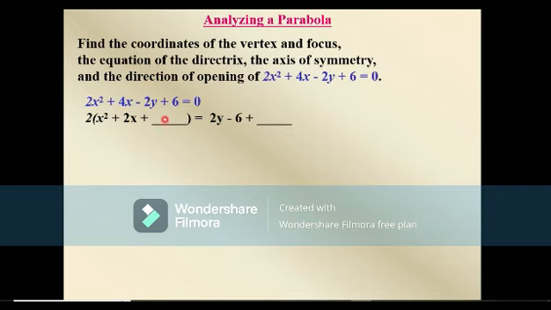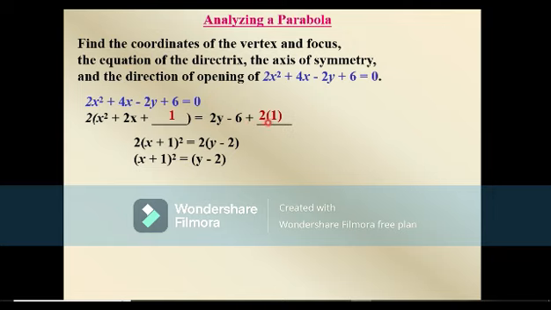So if we add 1 here, we'll also add on the other side. Then here, since we have 2 already, 2 times 1 is 2. So that's why we add 2 times 1 here. Next, it becomes 2 times the quantity x plus 1 squared is equal to 2y minus 6 plus 2.